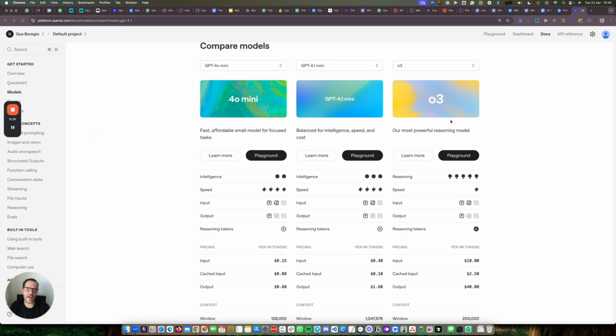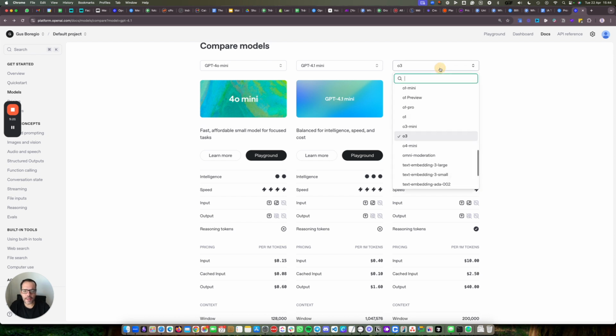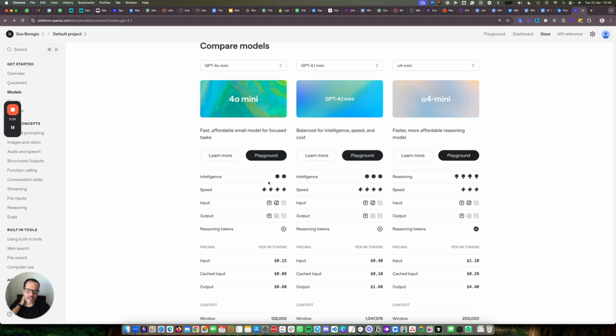Other than that, you have the higher end OpenAI models, and I'm talking about the ones that were released last week: O3, O4 Mini, O3 Mini, and the O1s also. Those are, if you see the difference here, they are not talking about intelligence anymore. They are talking about reasoning, right? And they're also slower models, which means they take longer to reply, okay?